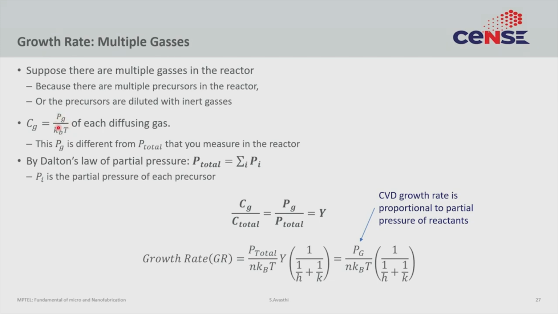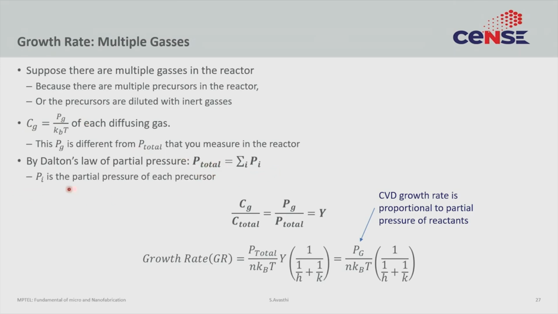We do not really measure concentration of gas molecules, we just measure pressure, which we know is proportional and related to Cg by this expression, where Kb is the Boltzmann constant. Now, this pressure is there for each gas, but then you also have Dalton's law of partial pressure, where the total pressure is nothing but the sum of all these component pressures, right.